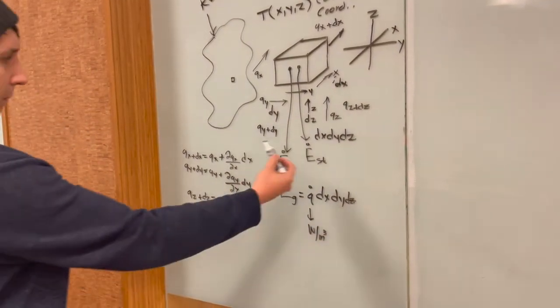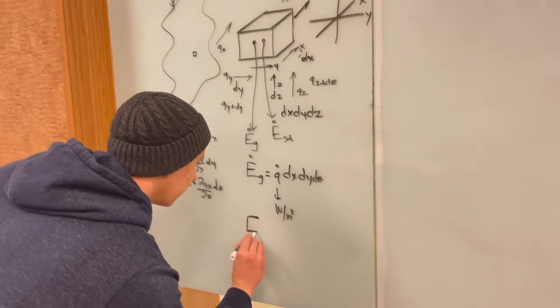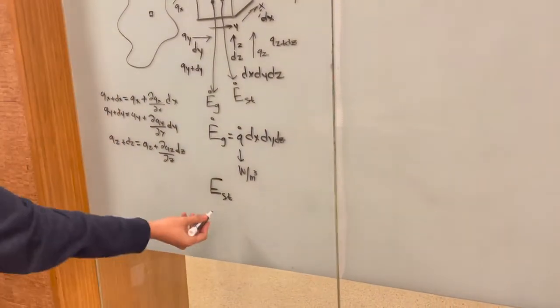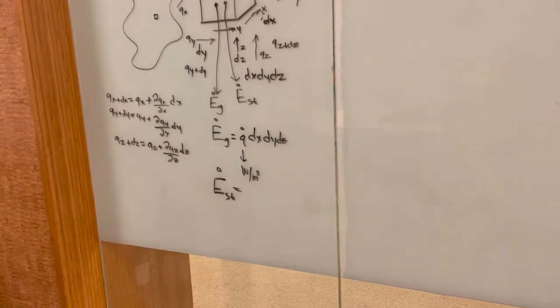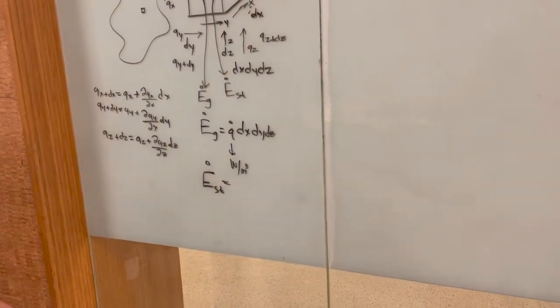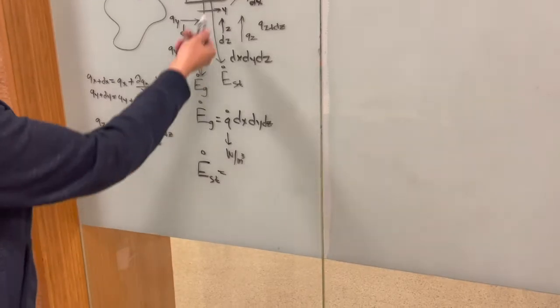And then going to E_st, it's the rate of energy storage within our control volume here. Now, how do we actually define that? Because it's just one term.